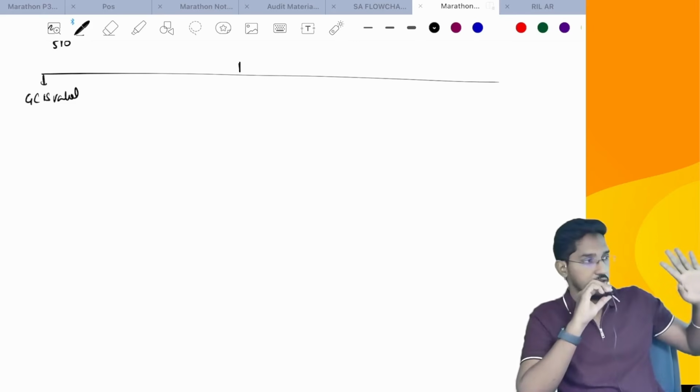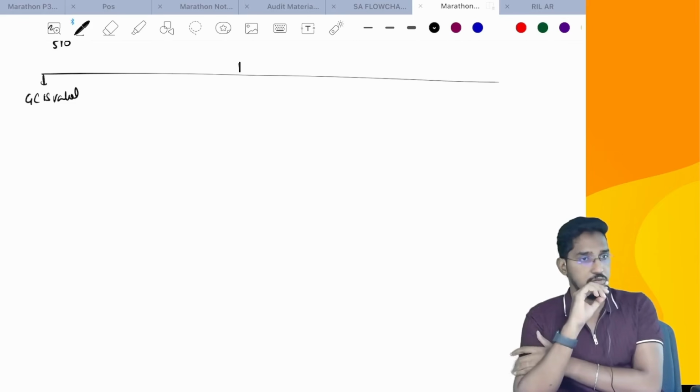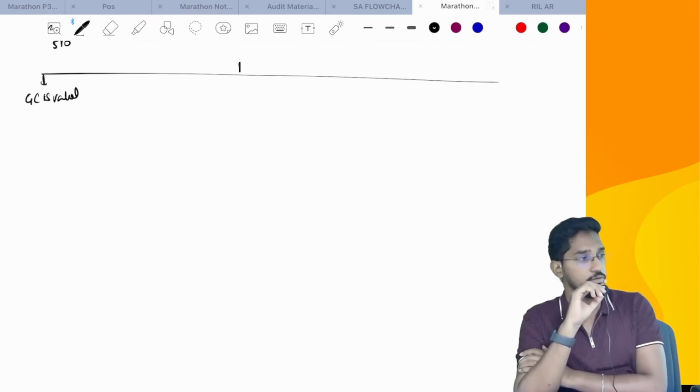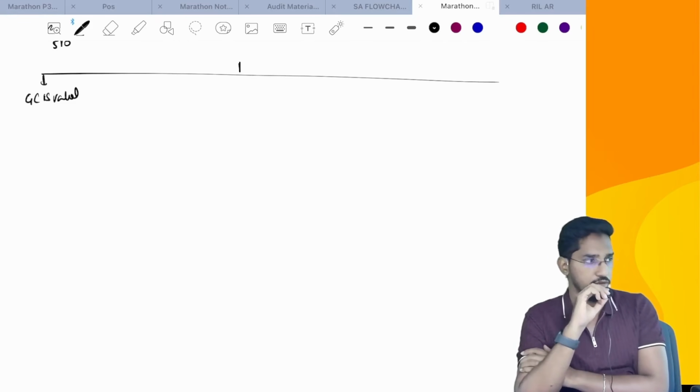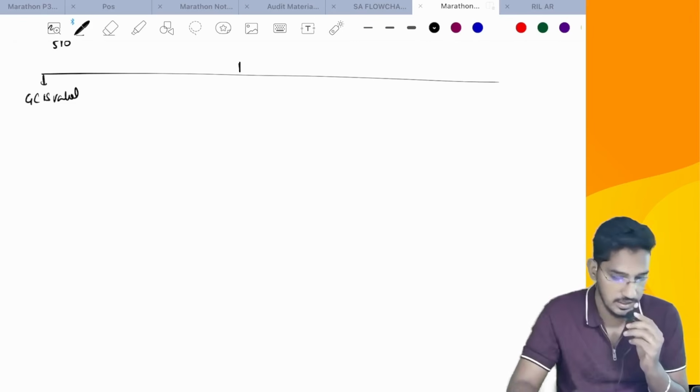You have perfect evidence. Very good. Management has also prepared the financial statements on going concern basis. What will you do? You will give an unmodified opinion. No issue to modify the opinion. Next, let us come to the other cases. What could the other cases be?